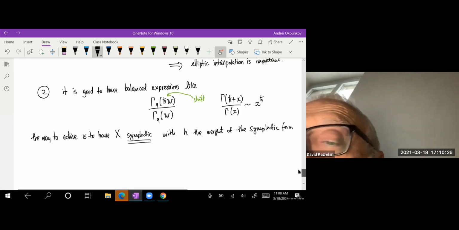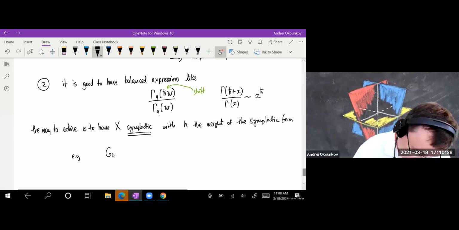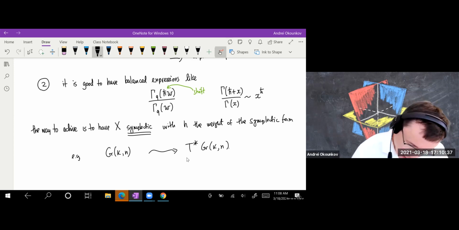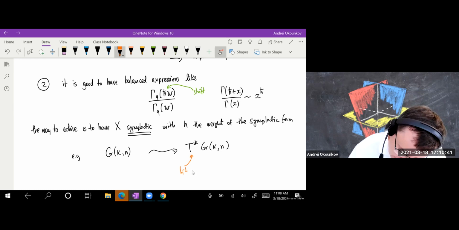For example, instead of Grassmannians, it is much better to think about T star Grassmannian, where H bar, or rather H bar inverse, scales the tangent directions.